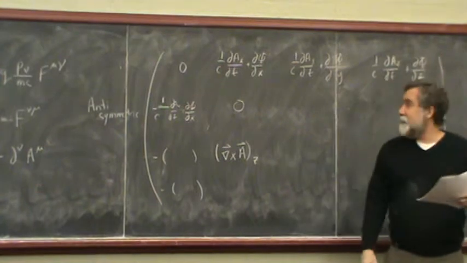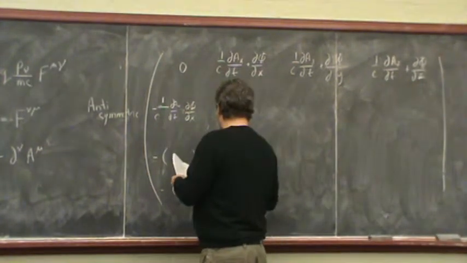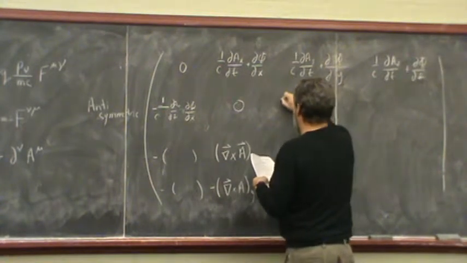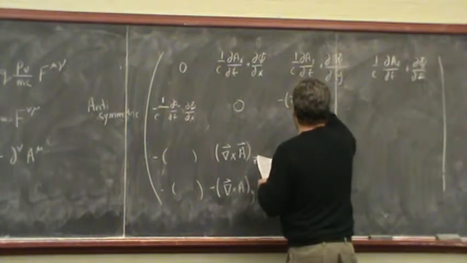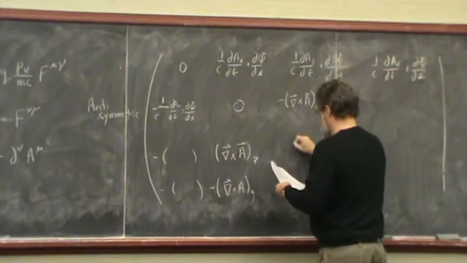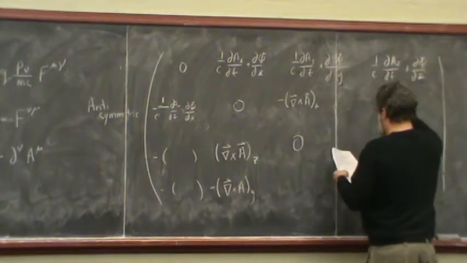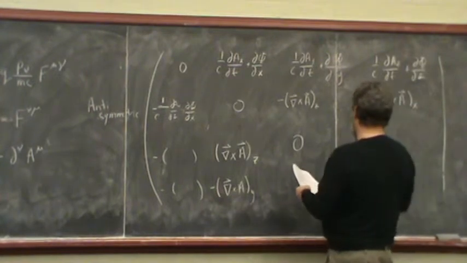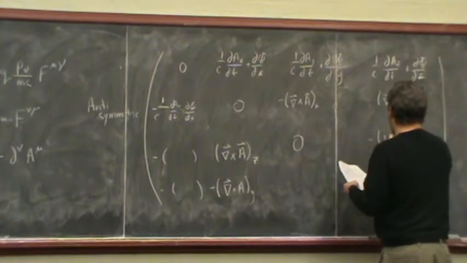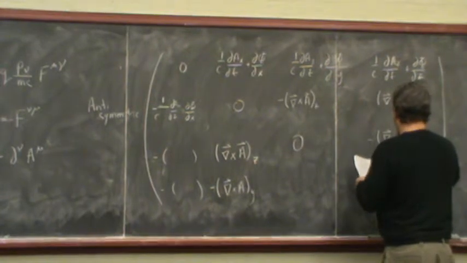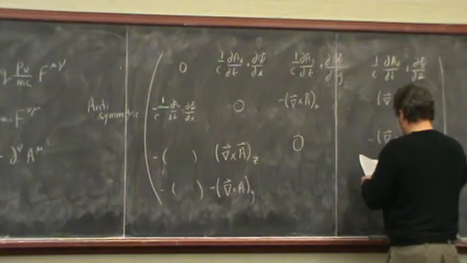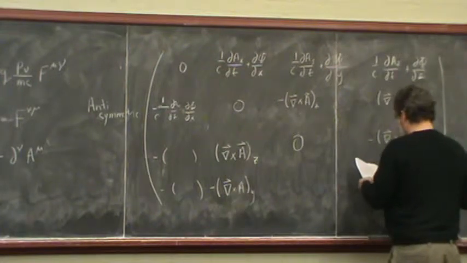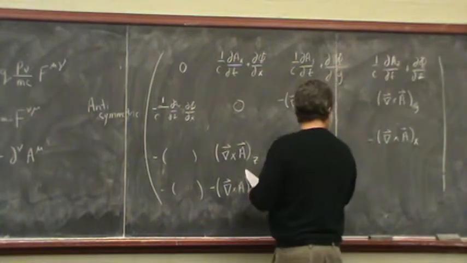Component of the curl in the Z direction minus the component of the curl in the Y direction minus component of the curl in the Z direction, that's that term there, 0 here, curl in the X direction, need one more here, minus curl in the, oh, this is Y, sorry, Y, X, and this one's got to be X as well.